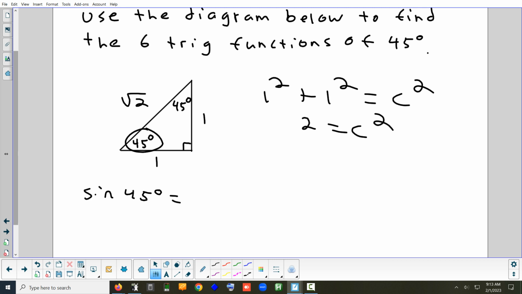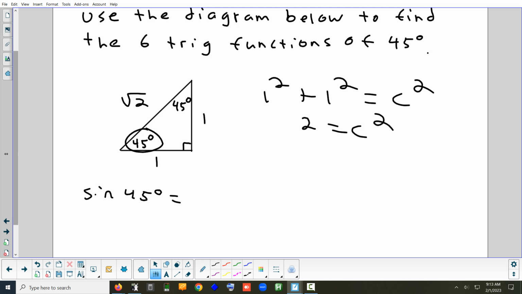Okay, what's going to be the sine of 45? Let's start with what's the definition of sine? Opposite over hypotenuse. So what's opposite in this case?